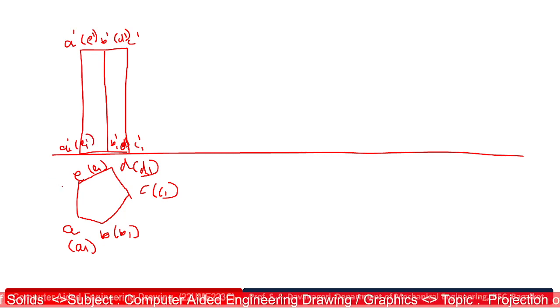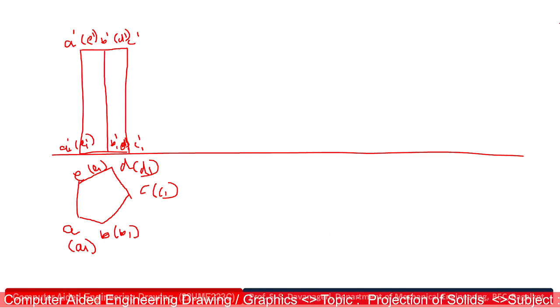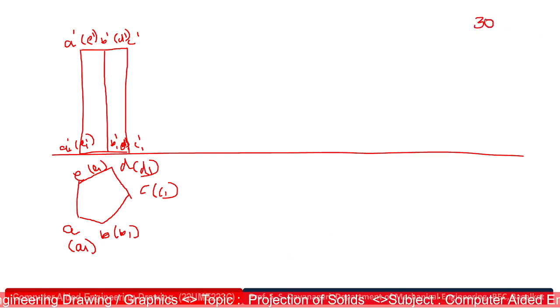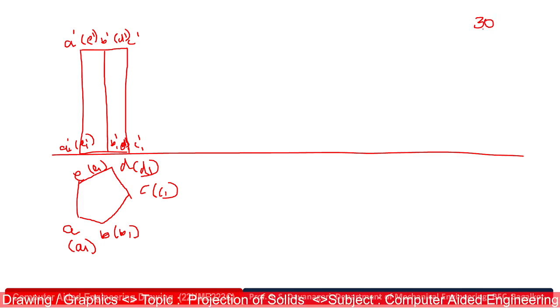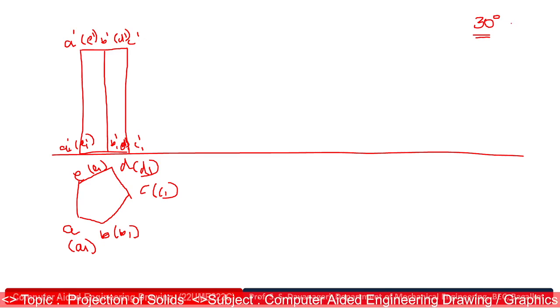Now, it is resting on HP. One of its base edges is resting on HP, and the rectangular surface containing that edge makes an inclination of 30 degrees to HP.